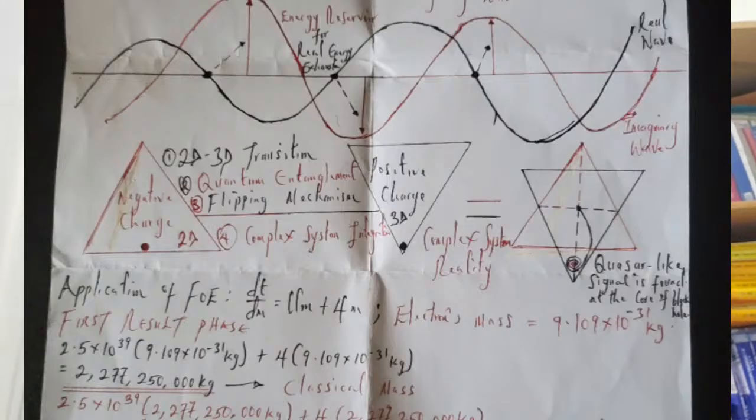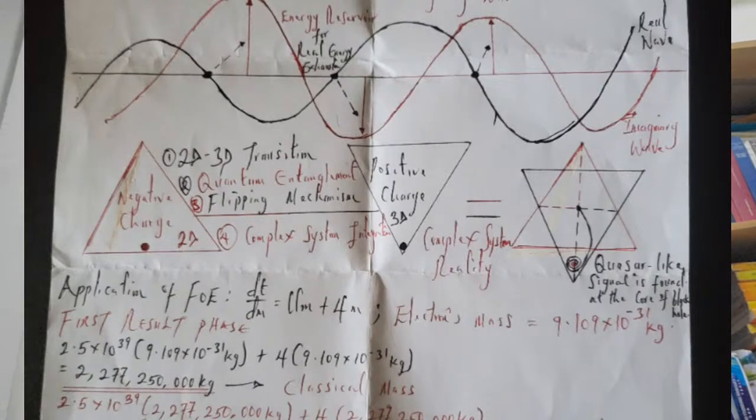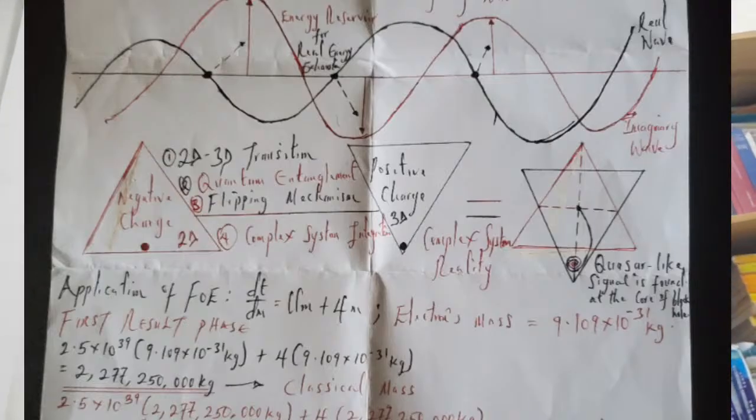So now, by that application of the formula of everything, I get to know that quantum entanglement is actually between quantum mechanics and the complex system. So it's actually beyond the constraint of the quantum level. And that is why we could have instant transmission of information via quantum entanglement.